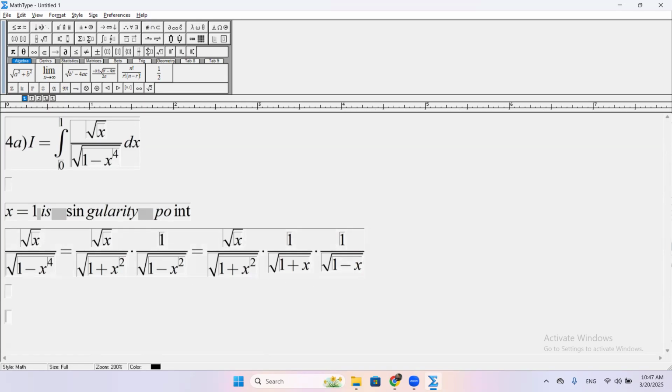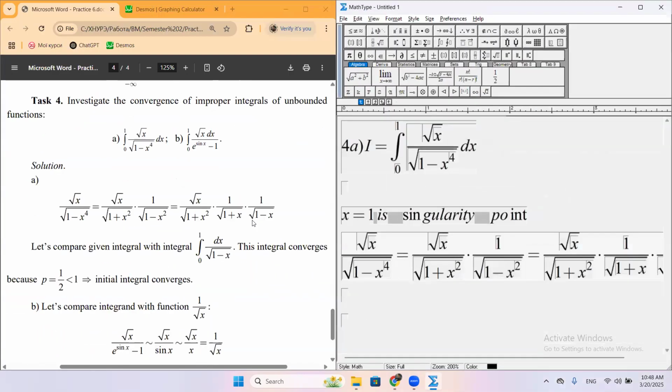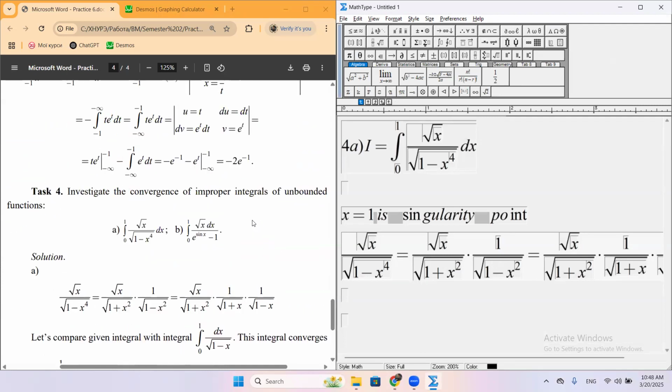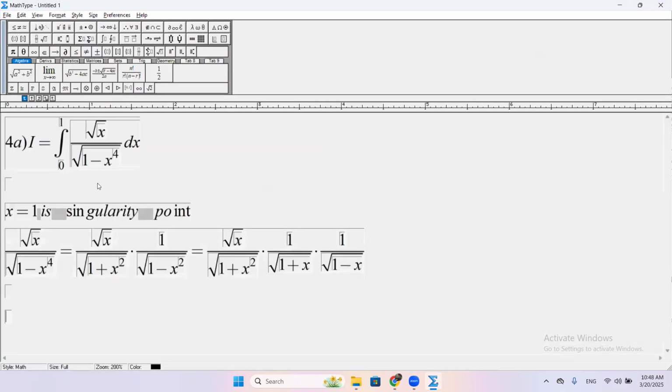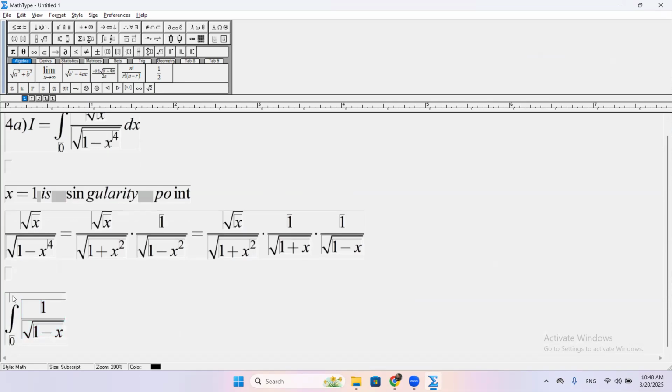So what do we have here? What is interesting for us? This part, because here we have the singularity point. So we have to compare it with such an integral, from 0 to 1.